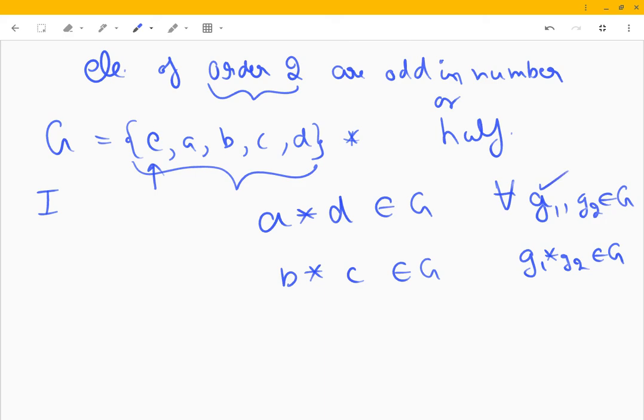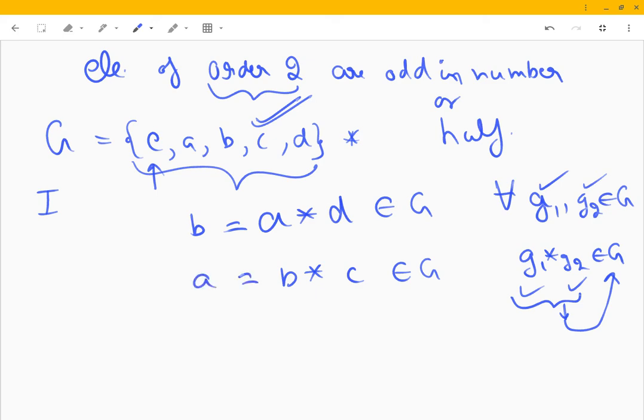If we take any elements from the group and apply the given operation on them, the resultant will again be an element of the group. It cannot go outside the group. So the combination of these elements will give us, say, A star D is B, and say B star C is A, just random.